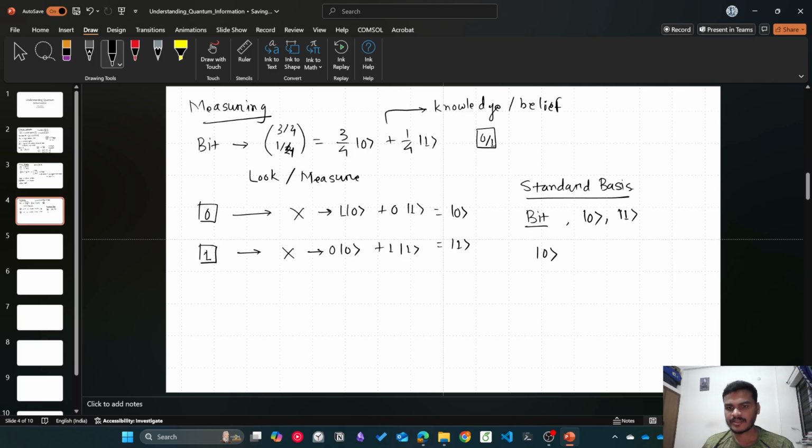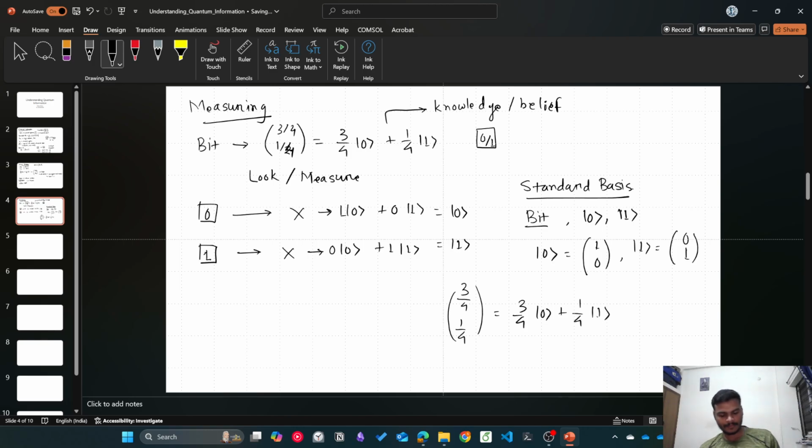We can represent 0 in the form of a column vector as (1, 0), and 1 as (0, 1). Okay, so our probability vector 3/4, 1/4 is why we are representing it as 3/4 of 0 and 1/4 of 1.